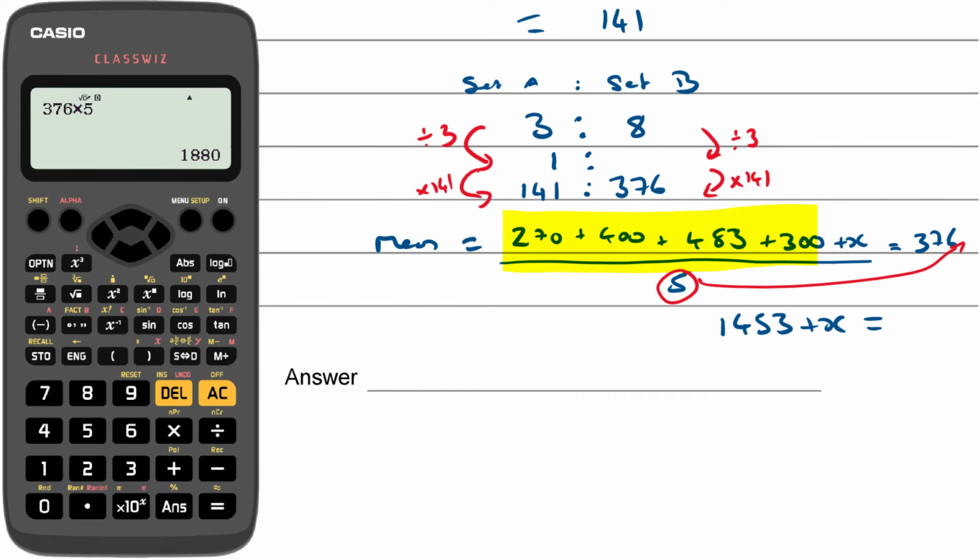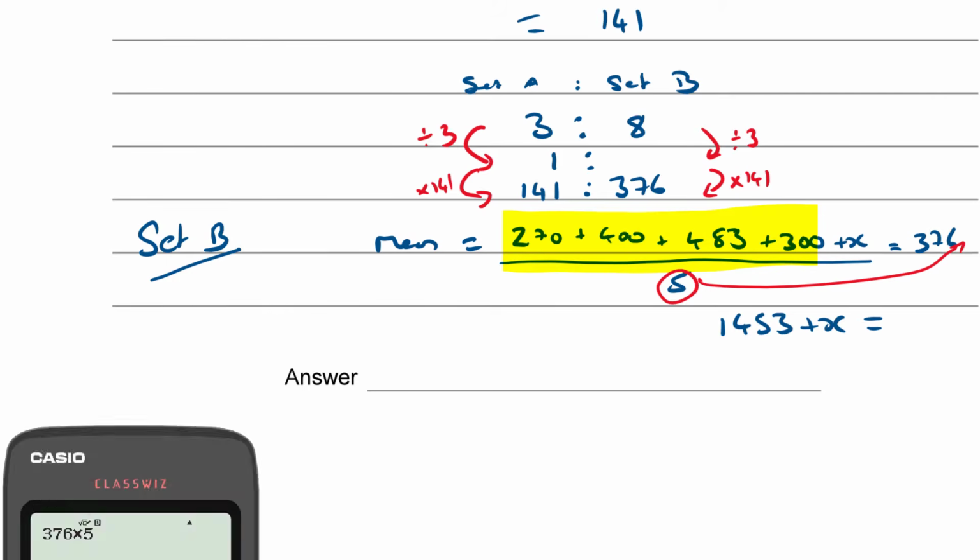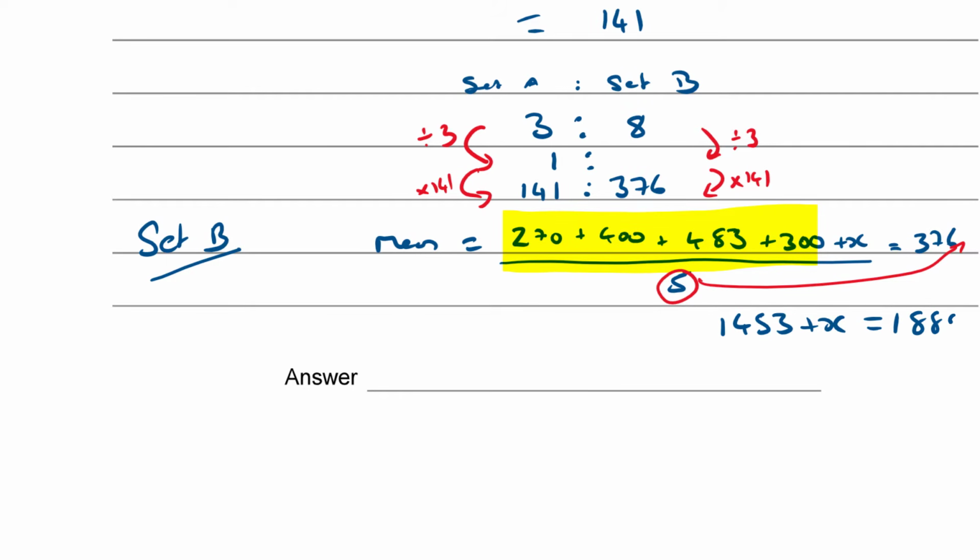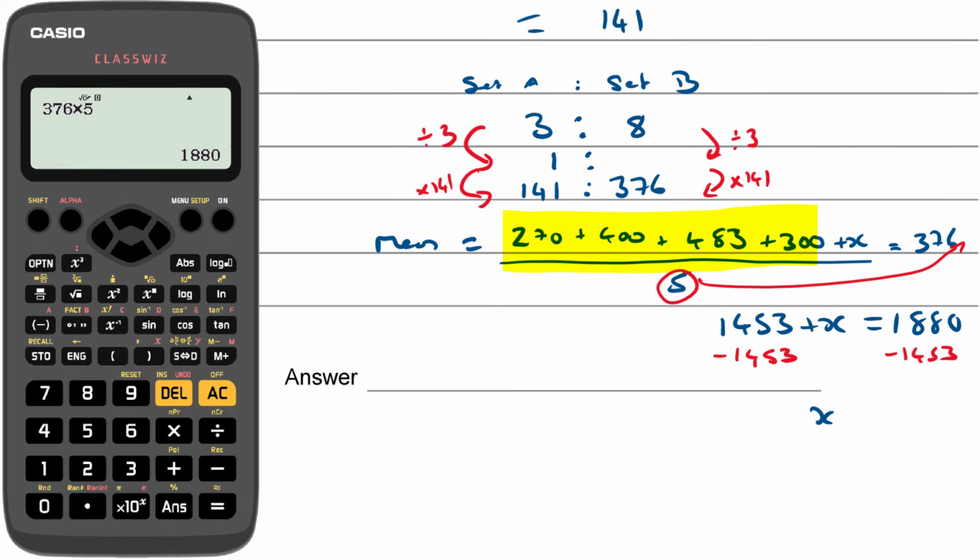That comes out to be 1,880. So I've got a linear equation in x now, so I can just take away 1453 from both sides, and it should leave me with x then, shouldn't it? So x is going to be equal to 1,880 minus 1453. That comes out to be 427.